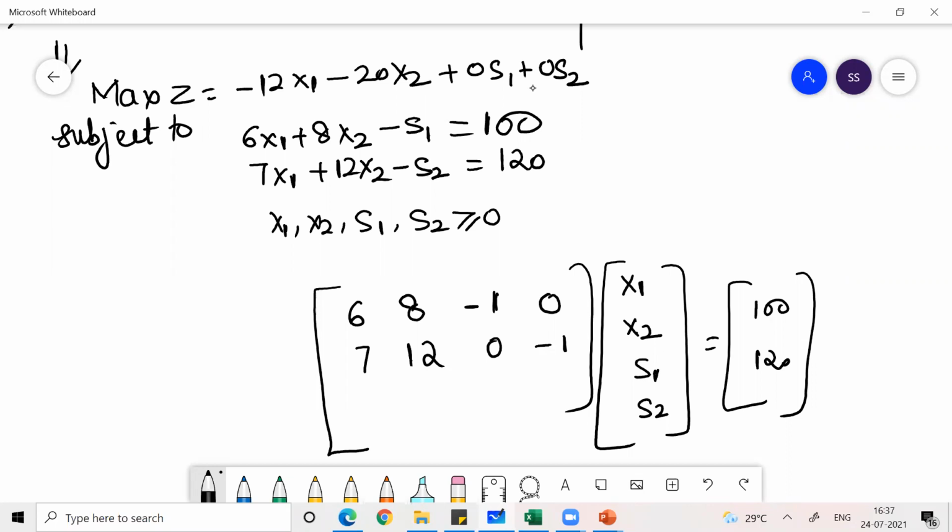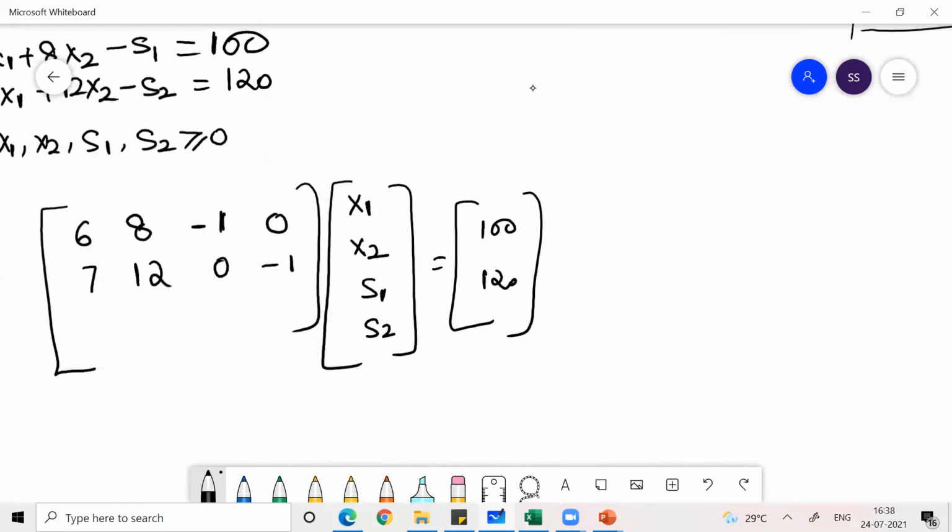We create an iteration table, right? Once we are done this much, what do we do? We create the iteration table, and by using the iteration table, what do we do?